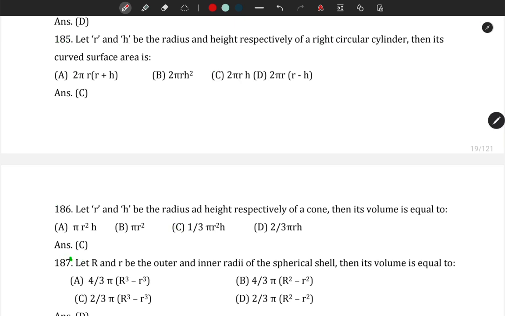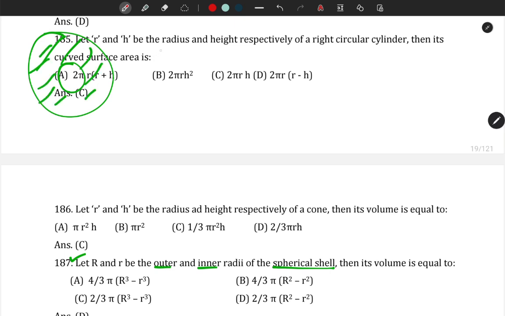Next question, let capital R and small r be the outer and inner radii of a spherical shell, then its volume. The volume of a spherical shell, so if this is the outer sphere and we have a small sphere inside, this portion is the volume of the spherical shell.